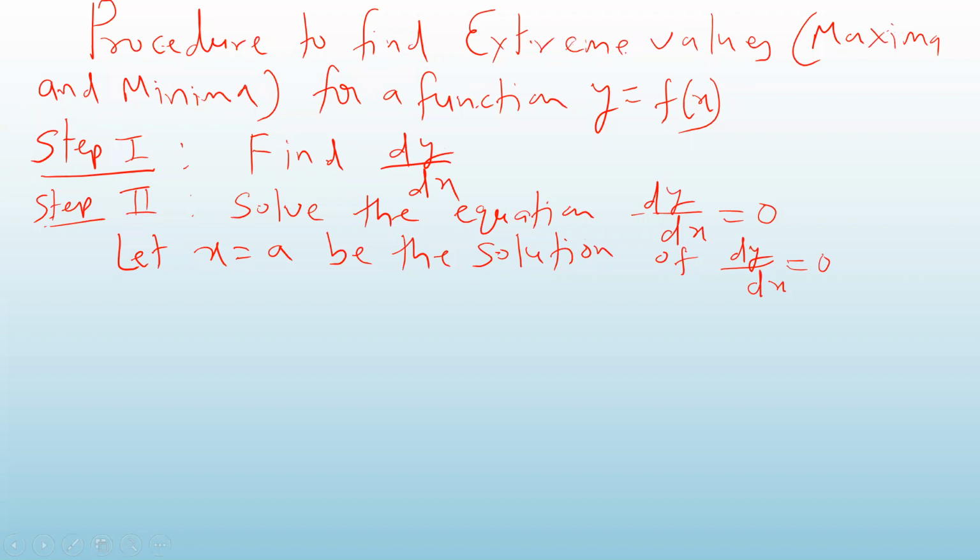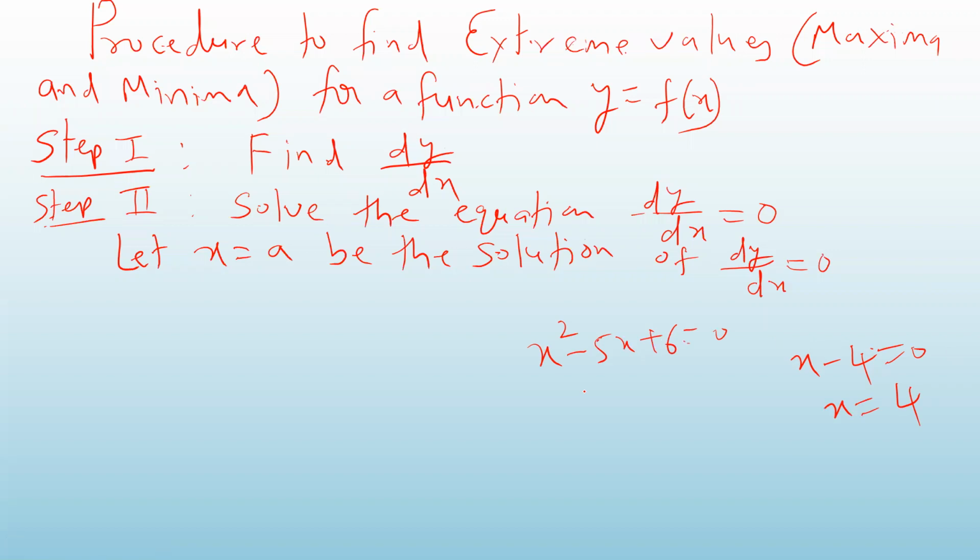There can be more than one solution for this equation. If it's a quadratic equation, it will have 2 solutions. If it's a polynomial of degree 3, it will have 3 solutions. If you get an equation like x minus 4 equal to 0, which is called a linear equation, the highest power of x is 1, so the value of x is 4, and only one solution will come. But if you get an equation like this, then there will be 2 values of x: 2 and 3.